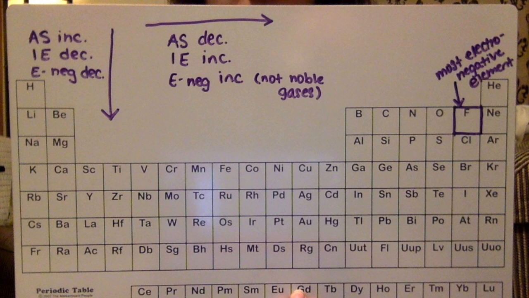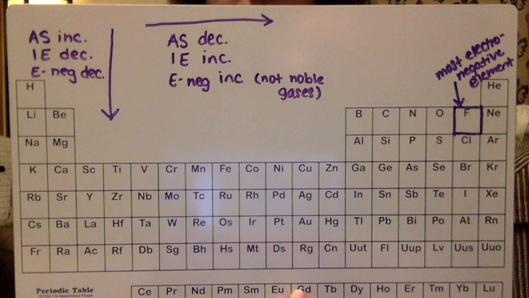You want to say something that for atomic size, it actually decreases as you go across the periodic table, and ionization energy and electronegativity actually do the opposite, and they increase going across the periodic table. So again, you can decide how you want to do that, but something like this is one idea.